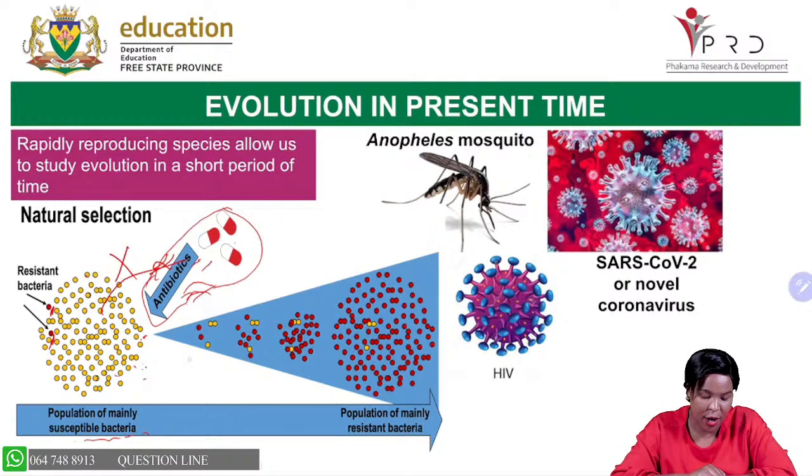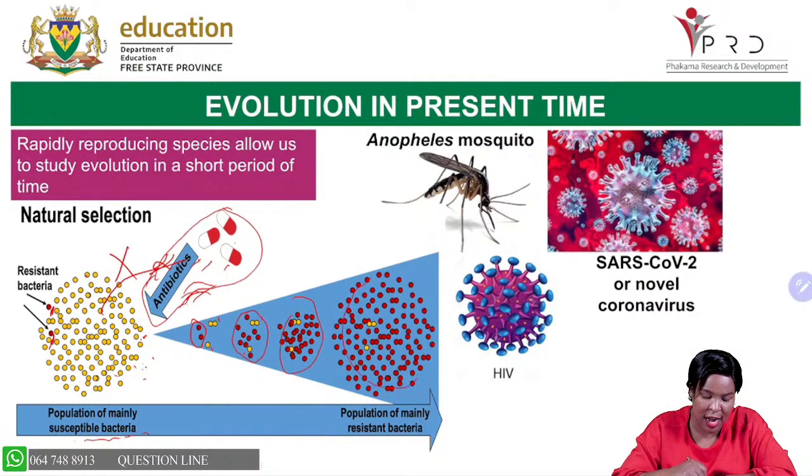So what's going to happen? Over time, the yellow bacteria is going to die because it is susceptible to this antibiotic. However, look at what is happening with the resistant bacteria. First, there were 2, and now there are many. They are growing.